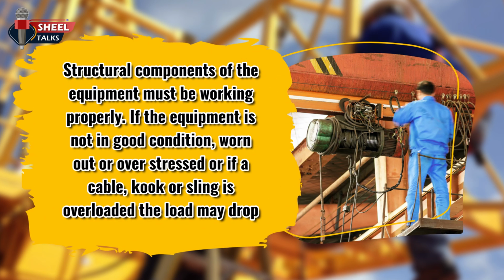Structural components of the equipment must be working properly. If the equipment is not in good condition, worn out, or overstressed, or if a cable, hook, or sling is overloaded, the load may drop.